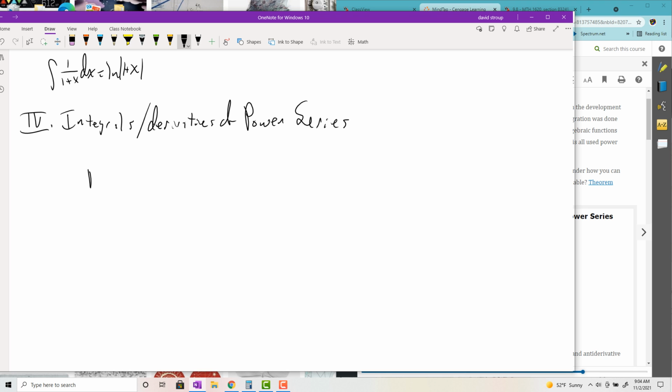So if you have a power series, P of x equals the series a sub n x to the n, going from n equals 0 to infinity. There's kind of two ways, all right? You can literally expand the thing and then take the derivative term by term. So in that case, expanding it, you would have a sub 0 plus a sub 1 x plus a sub 2 x squared plus a sub 3 x cubed plus dot dot dot.